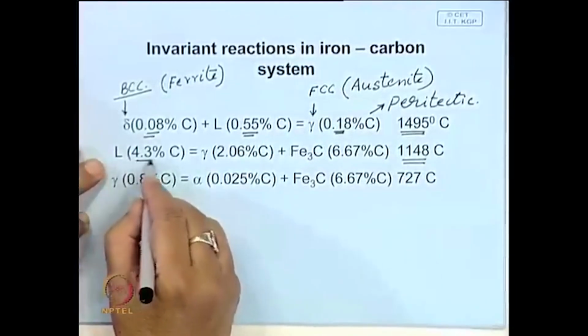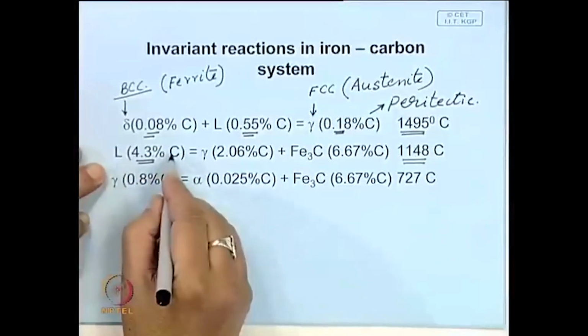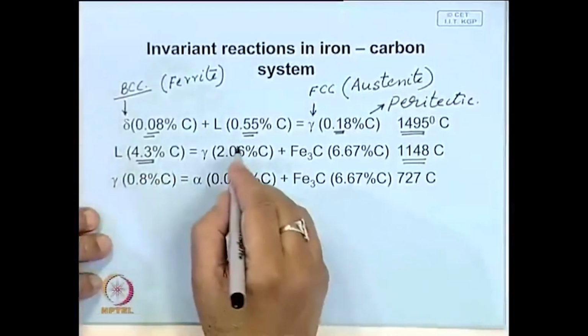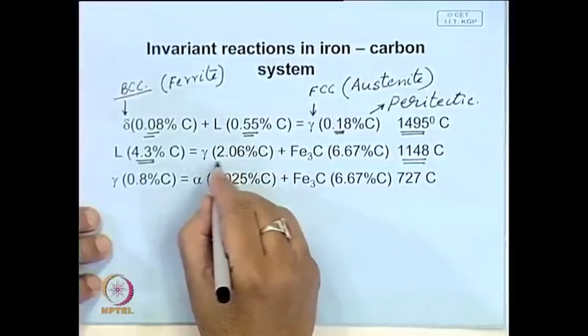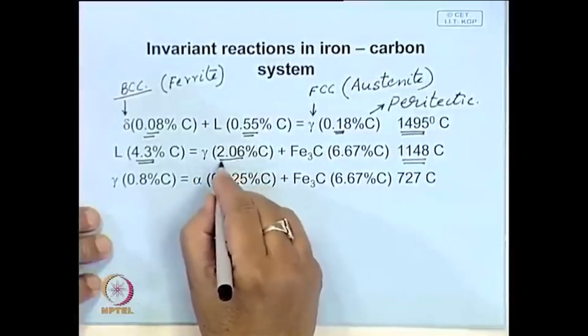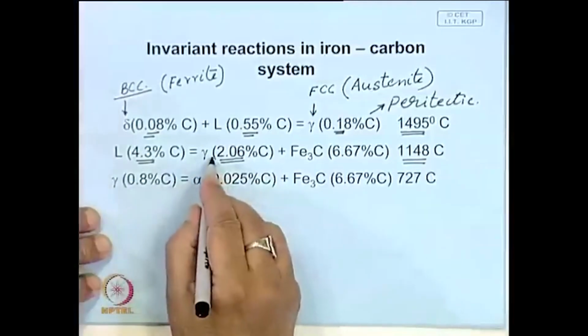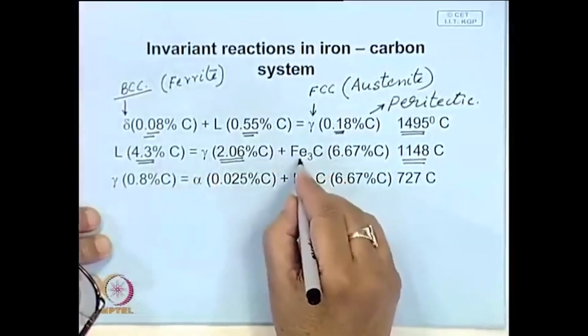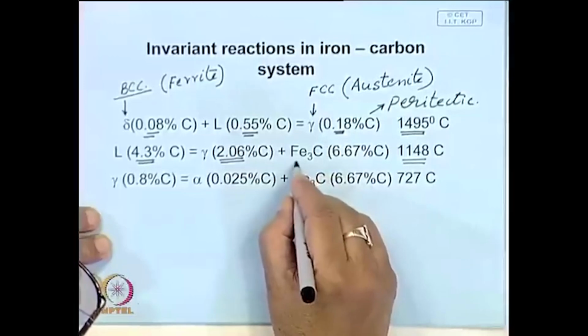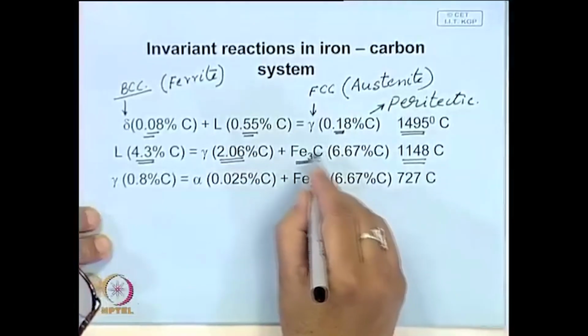And next, at a little lower temperature, at 1145, there is another reaction taking place. This is that liquid having a fixed carbon content, that is 4.3% carbon, breaks down into a mixture of 2 phases. This is gamma, which is called austenite, and look at it, here carbon content is around 2%, and a carbide which has a definite composition is Fe3C.